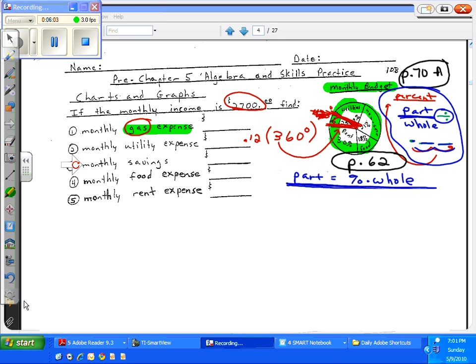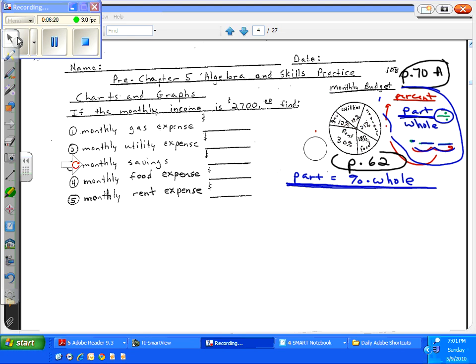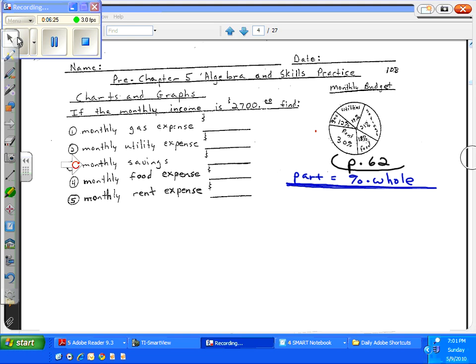Now, I'm going to do a little bit of board cleaning up here. I've done a whole lot of clicking and moving around and highlighting. So let's get rid of this and some of this percentage 360-degree stuff. And let's just really focus here on our part equals percent times whole equation that came from the Algebra 1 textbook on page 62.